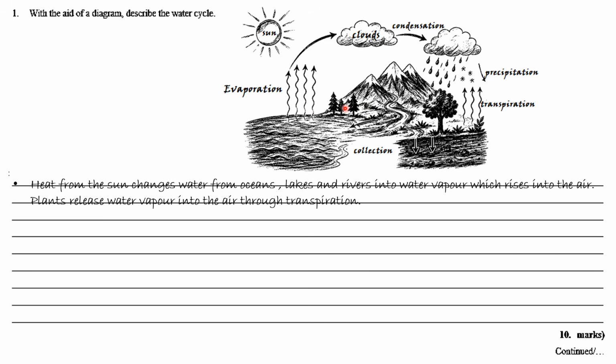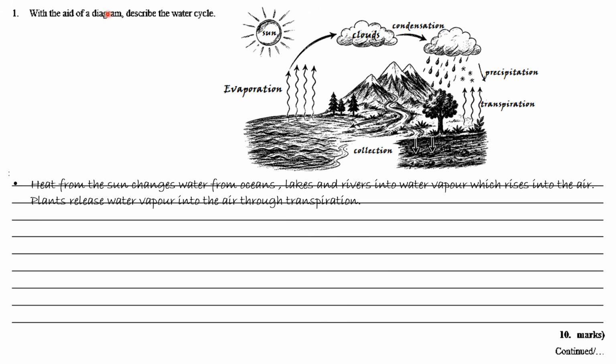So we have 2 marks for the diagram, properly labeled. Mind you, the question didn't specify whether we need to label it or not. Please, examiners, fellow teachers, let's remember to give clear instructions to our candidates. For me, it is vague to simply say with the aid of a diagram.